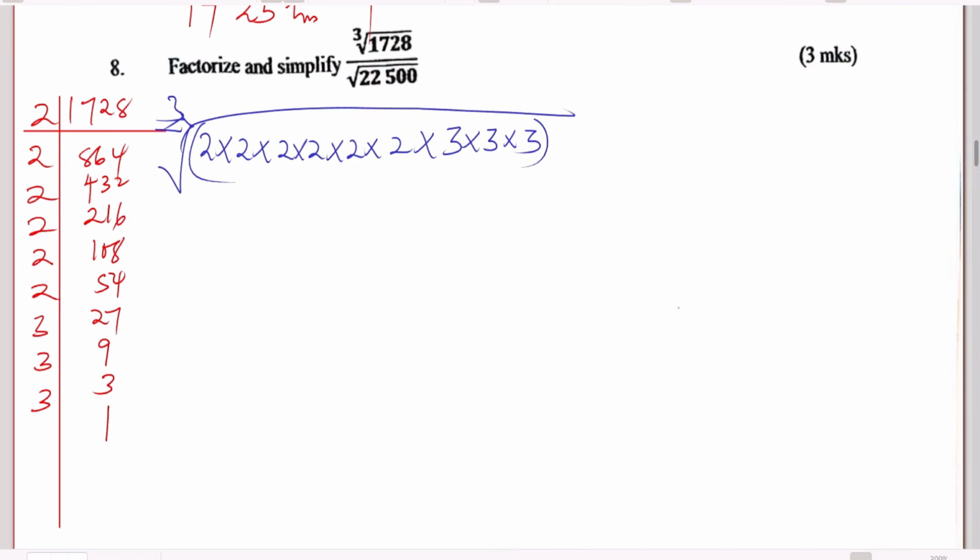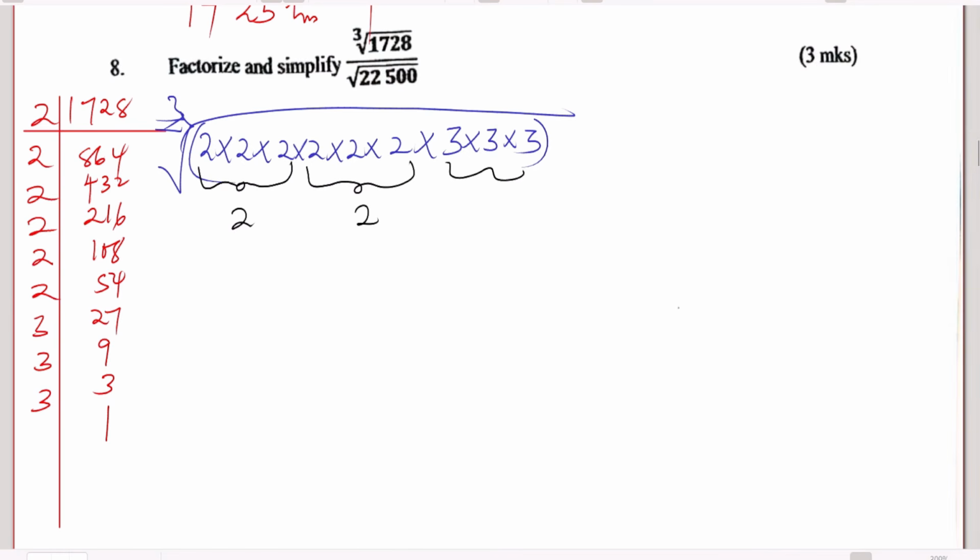To get the cube root, this is what we do. We group these terms in groups of 3, and for every group of 3, you pick 1. That is how we get the cube root. For example, there we have a group of 3, you pick 1. Then for this one again, you pick 1.